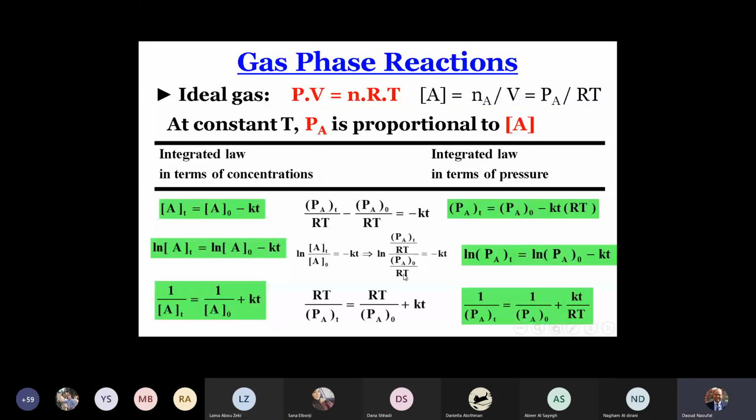So if the reaction is of zero order, we can write the concentration as a function of time.